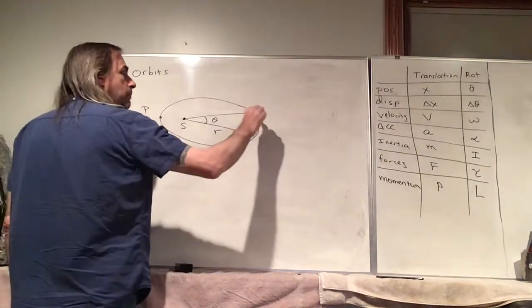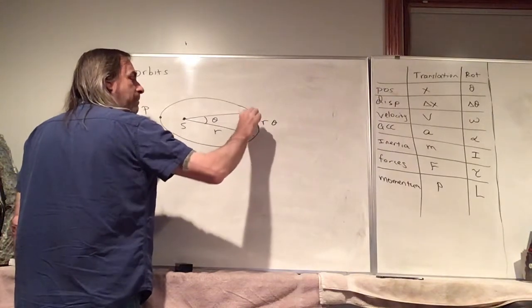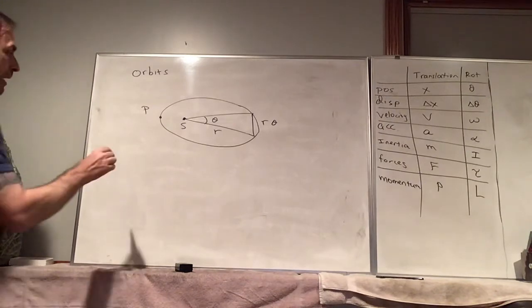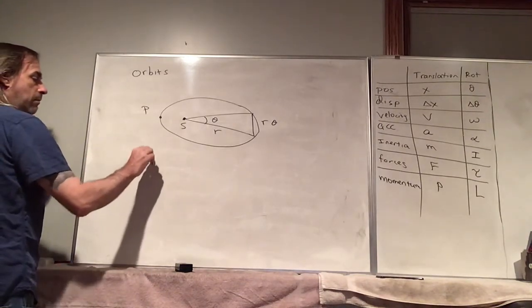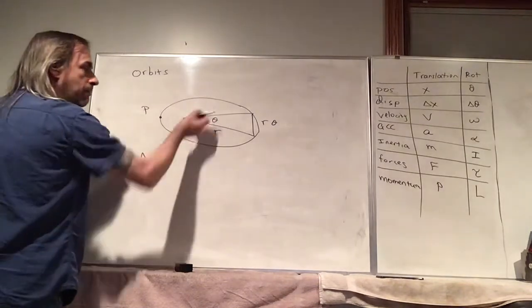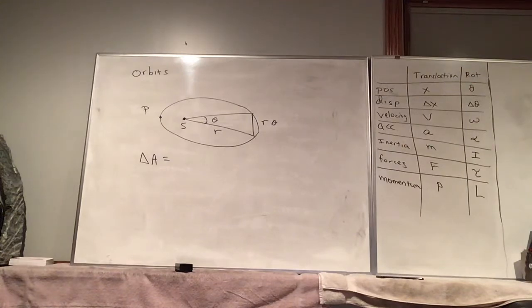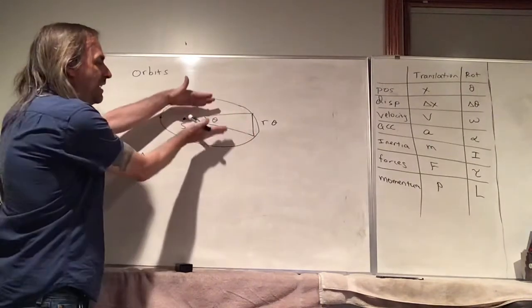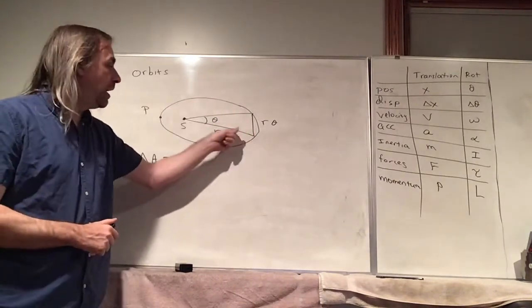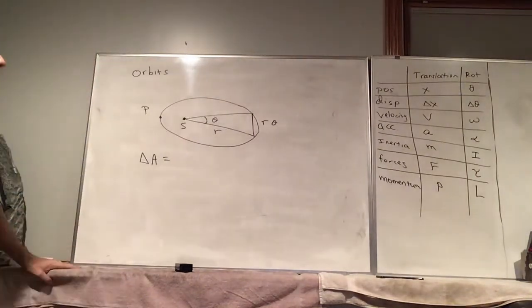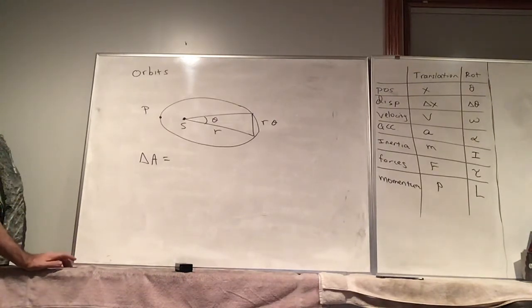And we can approximate this as a triangle. And so the area, let's call that delta A, would be the area of this arc here. But we're approximating that as a triangle, and as this angle gets smaller, then the difference between this triangle and that wedge that it carves out gets smaller as well. So as long as we make the angle small, we're fine.